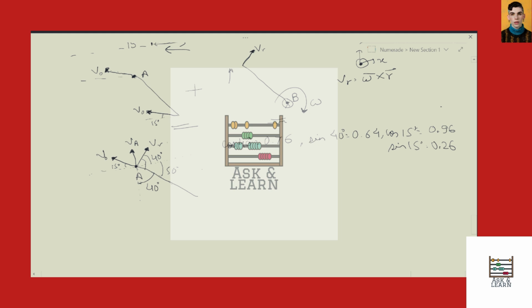So when you break down all these vectors, let's write it down cleanly. VA stays here, VR will break down into a component here, which will be VR sine 40 degrees, and then a component here, which will be VR cosine 40 degrees.